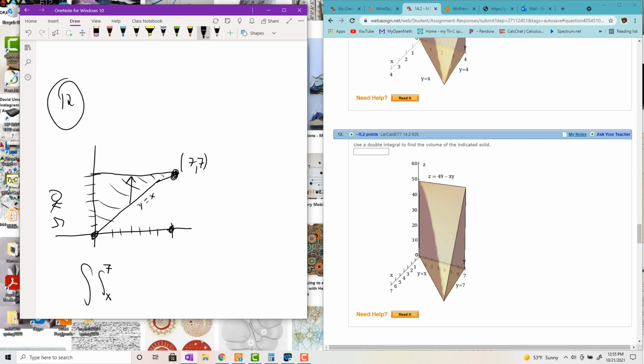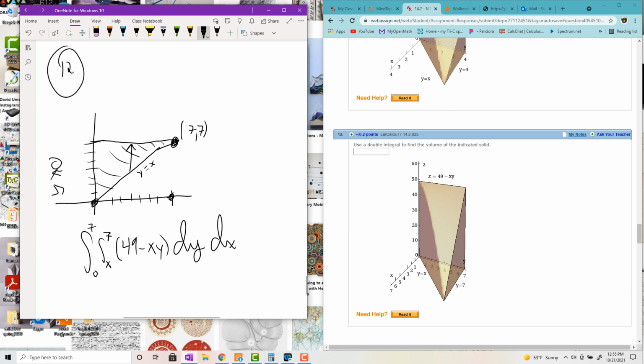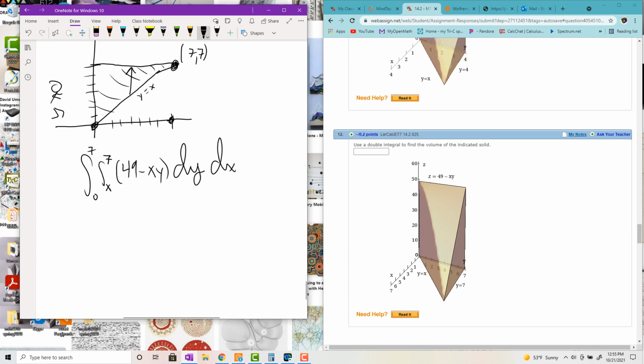Okay. And so the point is going to go from 0 to 7, and then you just put the surface inside the integral, so 49 minus xy dy, and then dx. Okay, so let's see if that works.